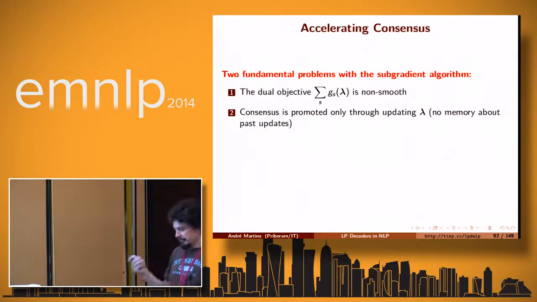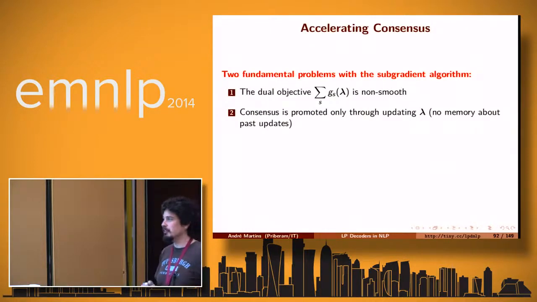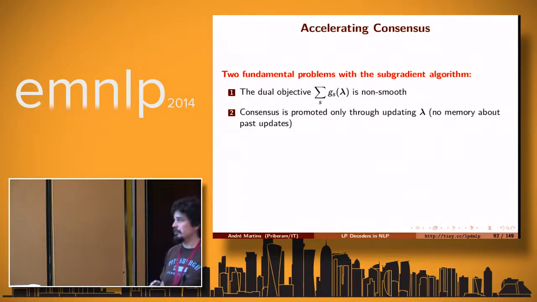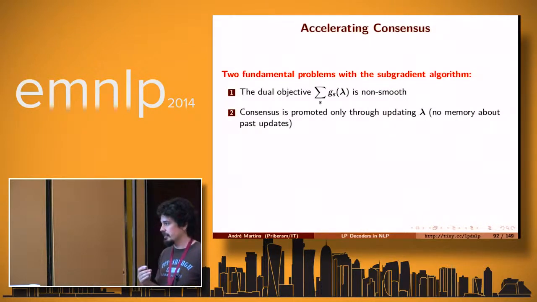So I made a claim that dual decomposition using this strategy can be very slow, and there are two fundamental reasons why it can be slow. The first one is that the dual objective that we are minimizing is non-smooth. And in optimization, the methods that exist for non-smooth optimization usually do not have as good guarantees as the ones for optimizing a smooth objective.